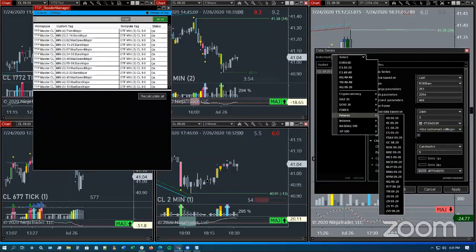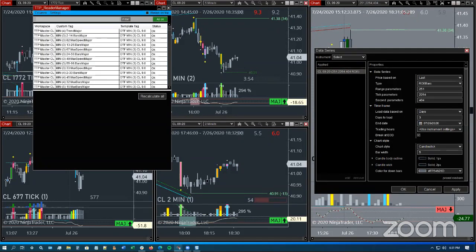Well, anyway, you would add the QM or the micro. So for the ES, you've got the micro ES, which I think is $1 per tick. Or is it $1.25? It's the big one divided by 10, right?